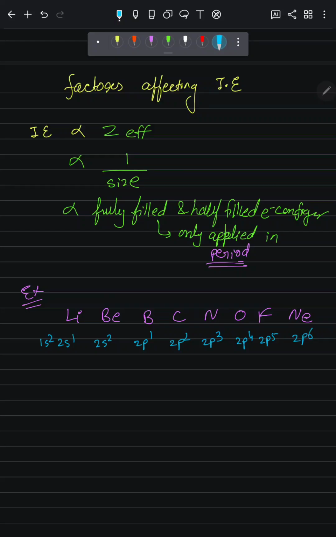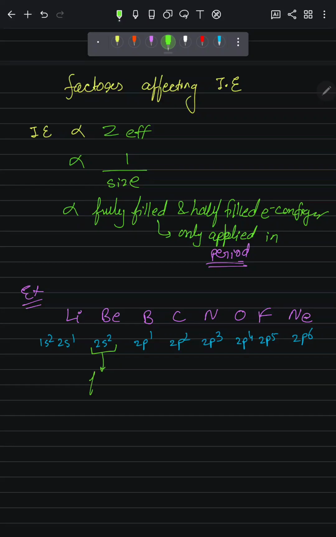According to the general order, if we go left to right, the size decreases. If the size decreases, ionization energy should increase, but it is not applicable in general. The order of ionization energy can be affected by fully filled orbitals.